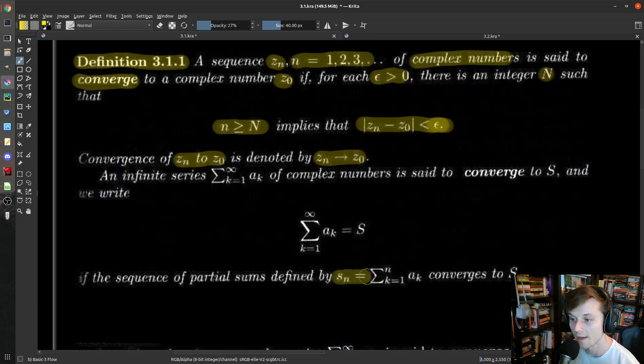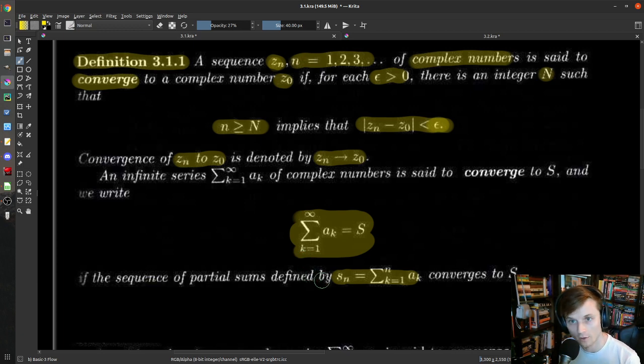So if you write S_n, that's the sum from k equals 1 up to n of the terms of your series. If these define a sequence in the sense that we've described up here that converges to some value, let's call it big S, then we'll write that this infinite series is equal to S. That is, the sequence of partial sums get close to the eventual limiting value.